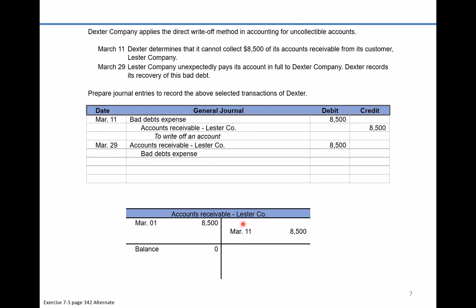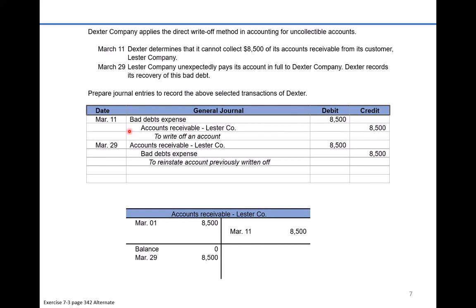And that bad debt expense that we just recorded, well, we don't have it anymore. So bad debt expense is going to get credited for $8,500. It just cancels out. This debit on March the 11th is now getting canceled out by this credit on March the 29th. So we're reinstating this previously written off account, just undoing in its entirety this March the 11th transaction.